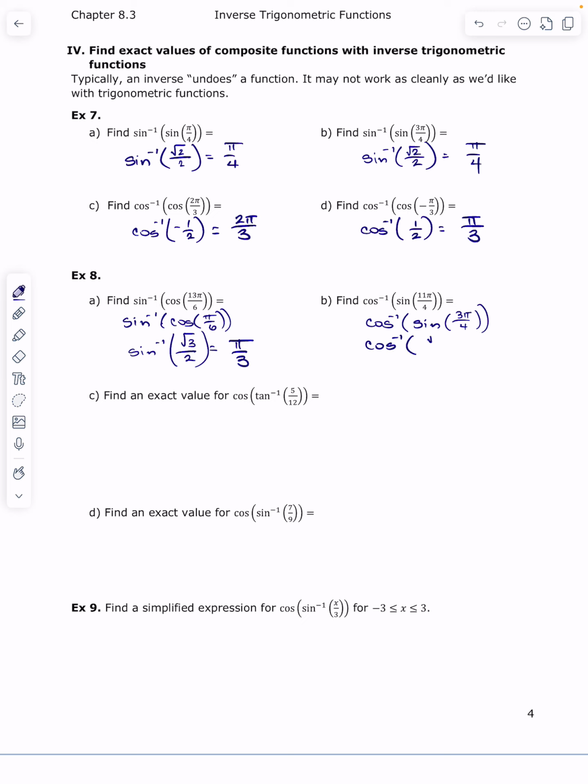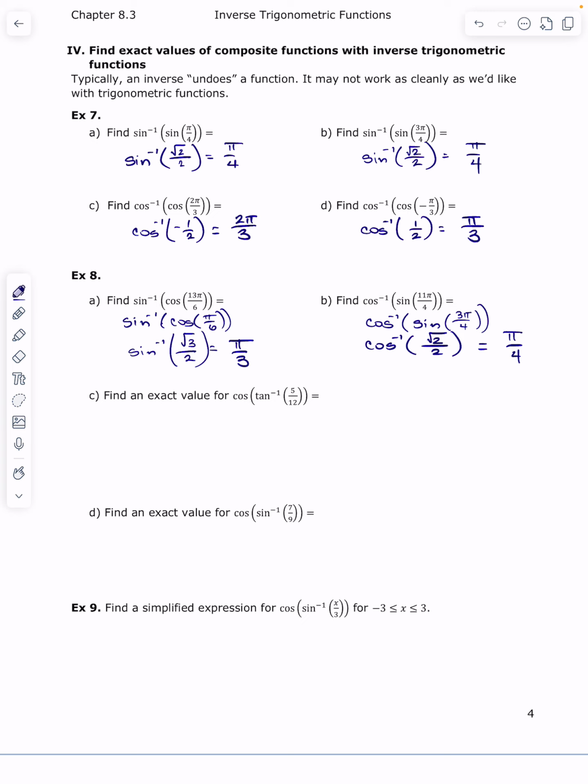So the sine of that is actually still positive, square root of 2 over 2. I want the inverse cosine of square root of 2 over 2. That is positive in quadrant 1. Inverse cosine of square root of 2 over 2 is pi over 4.